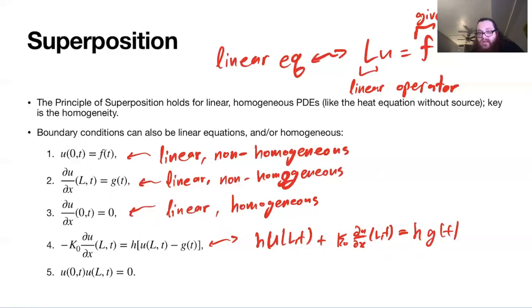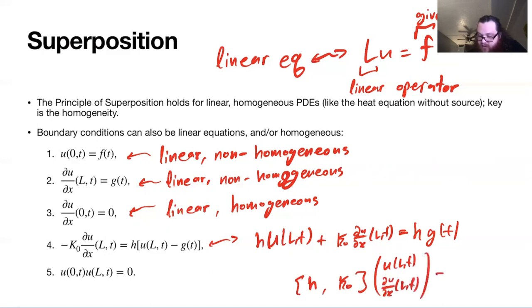One way to see it's linear is to write it as a linear operator times a vector and have that equal to another vector. We can do that by writing this as the vector h, k0 multiplied by the vector u of l,t and then du/dx at l,t, and have this equal to the one-dimensional vector h times g of t.